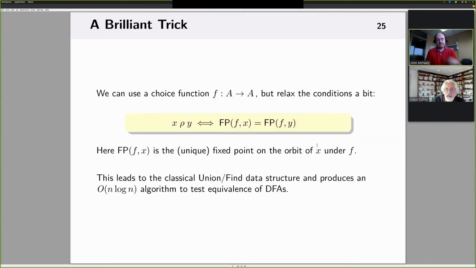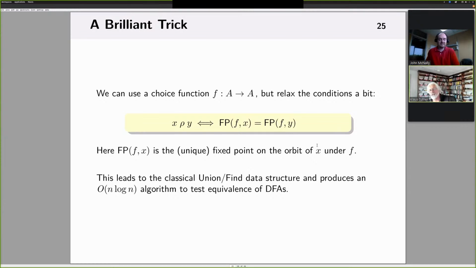So we've seen two examples here of how, once you have this idea that an equivalence relation should be a function on the set that you're interested in, now you can immediately tweak this a little bit. In the original formulation, we say x is equivalent to y if f of x is equal to f of y, right? That's the most natural way of doing it.